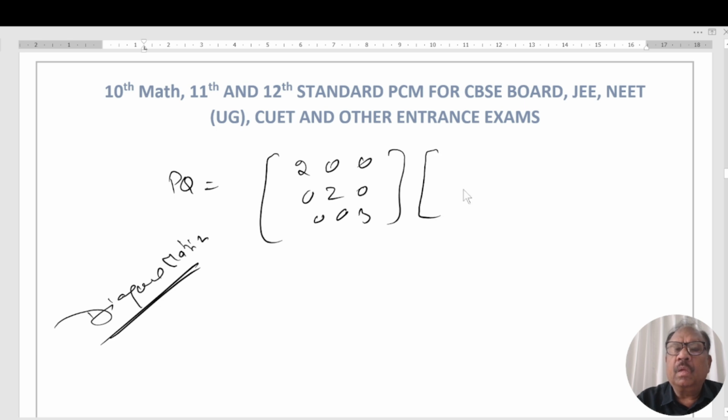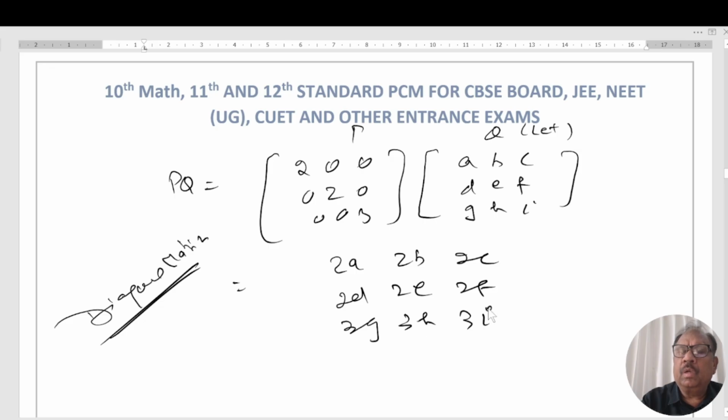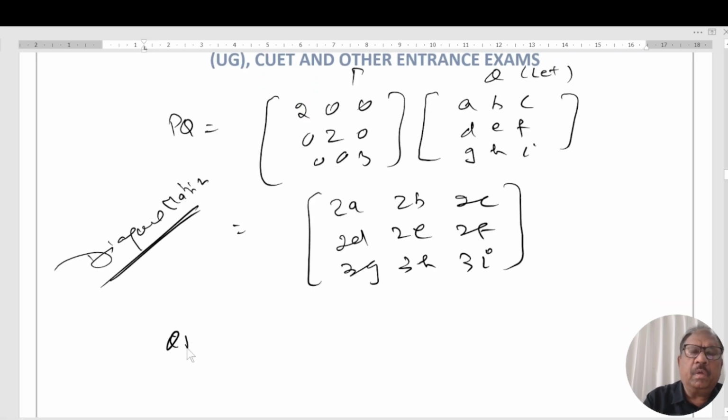Let this be P, and let Q be A B C, D E F, G H I. Multiplying, PQ comes out as 2A, 2B, 2C in the first row, 2D, 2E, 2F in the second row, and 3G, 3H, 3I in the third row. Now find QP.